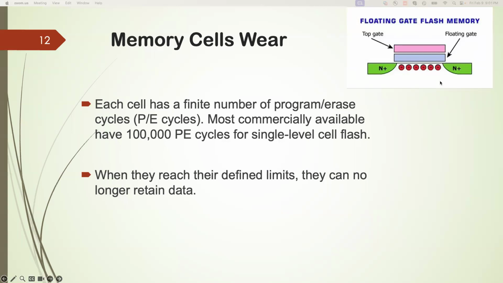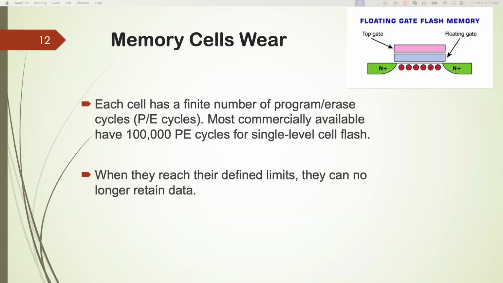Another problem that comes with these SSDs or these memory cells is memory cell wear. So what is that? These individual cells can be charged to represent one, or you can discharge them to turn them into zero.